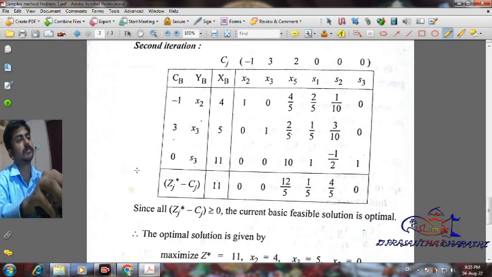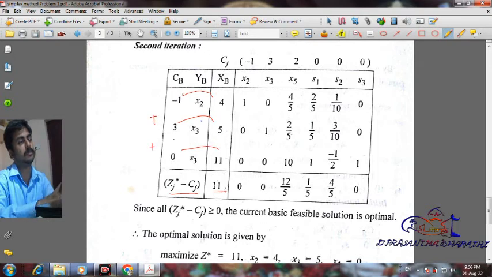So similar to the previous iterations, after calculating this Zj star minus Cj, we are having this value as 11. That is minus 1 into 4 plus 3 into 5 plus 0 into 11. After adding all this we will get 11. Here minus 1 into 1 plus 3 into 0 plus 0 into 0 minus of Cj.